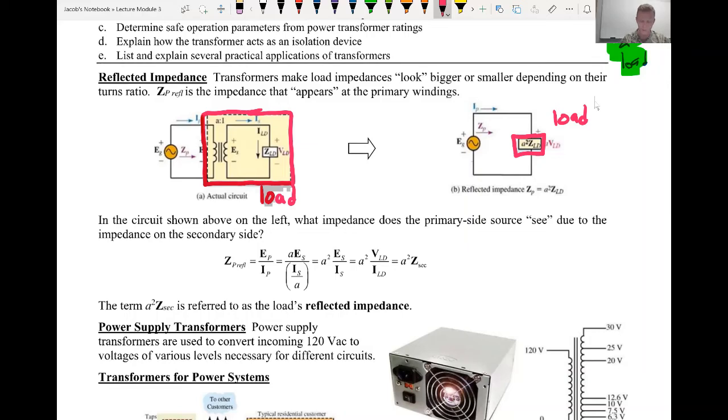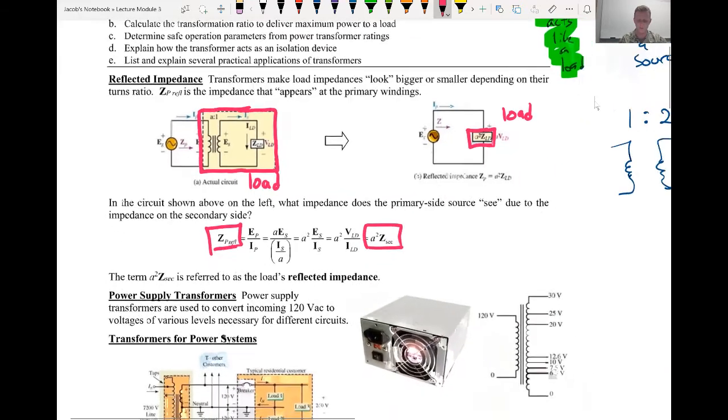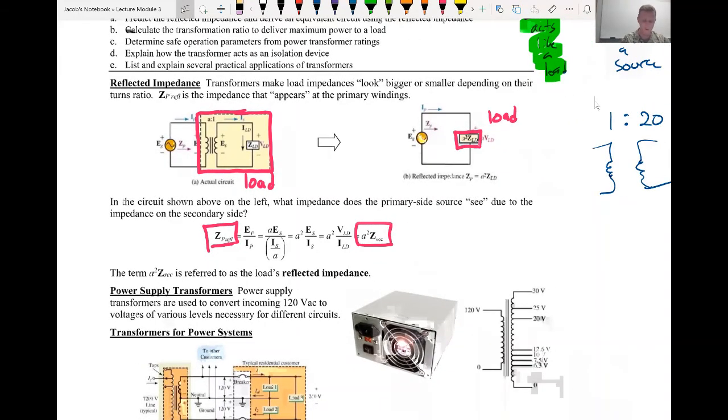And so we do that with this equation. Z primary reflected is how it says on the equation sheet. It means the reflected impedance, and it simplifies to this right here. And so that reflected impedance, from the perspective of the primary side of the circuit, it can't tell whether there's a transformer there with everything else past it, or whether there's just this simple box with some Z amount. So that is called the reflected impedance.